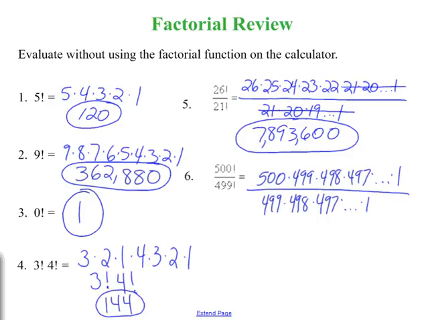So hopefully you can see what's going to happen here. All the 499 factorial on top and bottom will cancel each other out, leaving us with 500 as our answer. Now, as we talk about permutations, we're going to need to understand factorial. That's why we are reviewing it here.